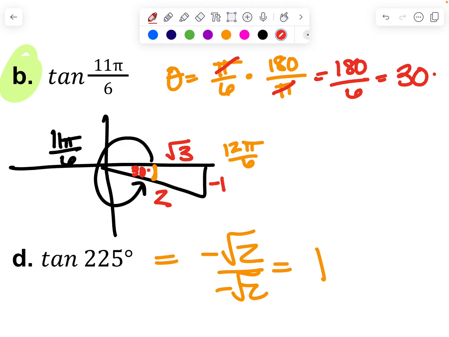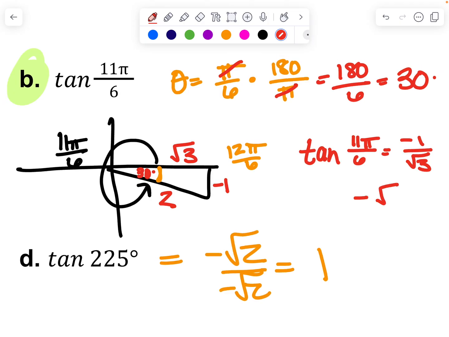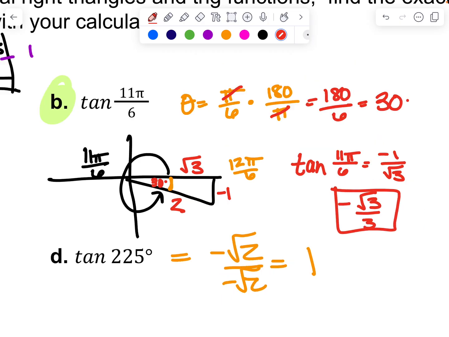So now the tangent of that is going to be -1 over √3, opposite over adjacent, which becomes -√3 over 3 when you rationalize it.